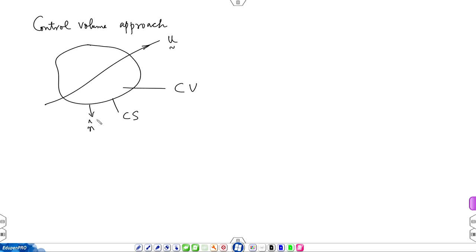Because natural laws apply for a constant mass system. So, Reynolds transport theorem helps you apply natural laws to a control volume. That is the whole idea.